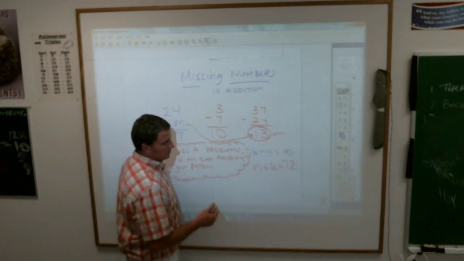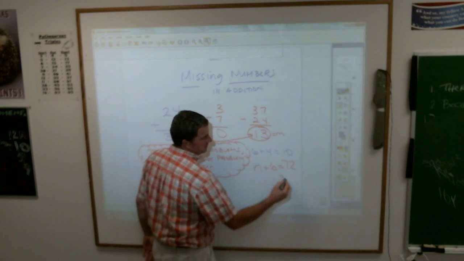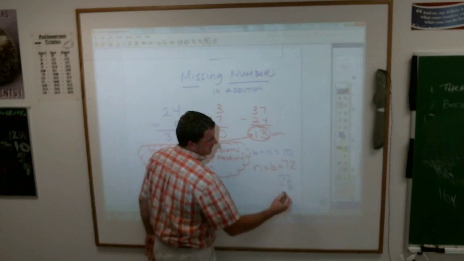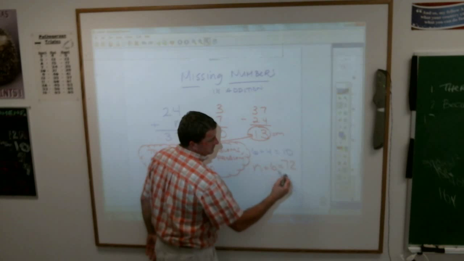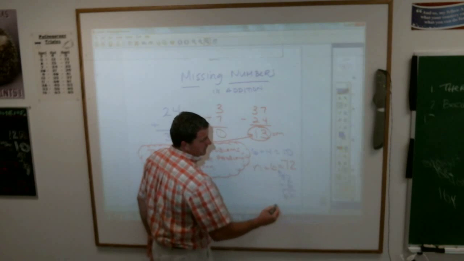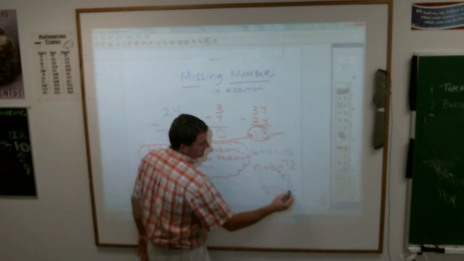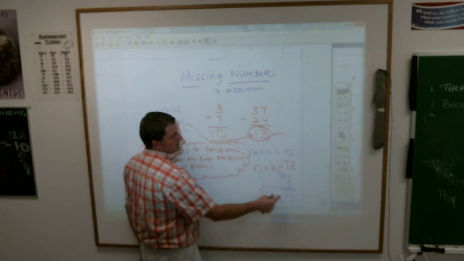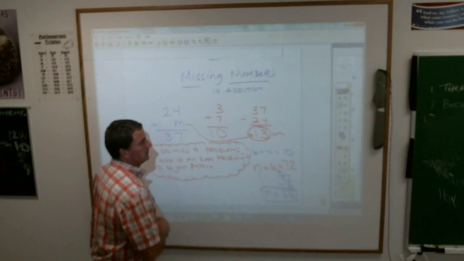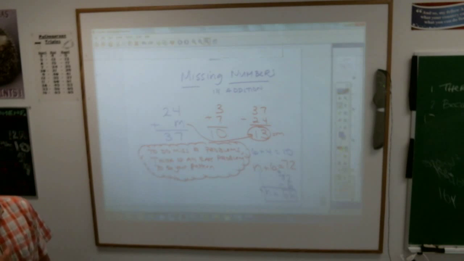It's another subtraction problem. So that's the same thing I'm going to do here. 72 minus 6 is 66. So that's what the letter N would have to be. N would have to equal 66. 66 plus 6 will give me 72.